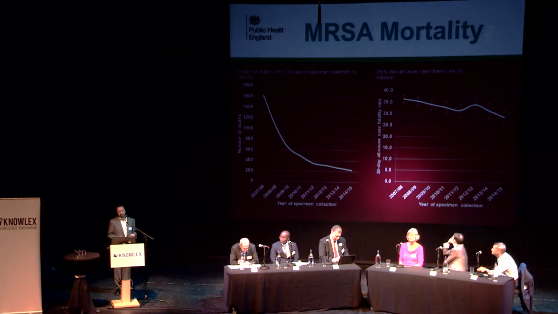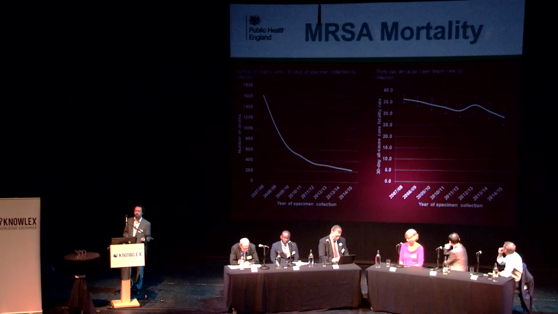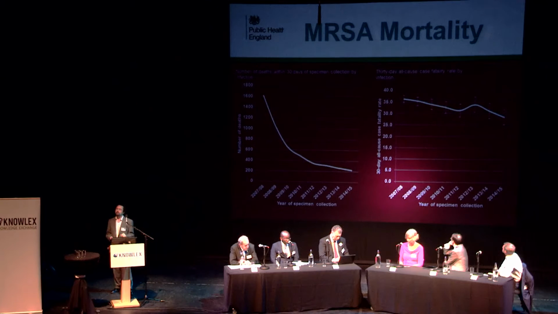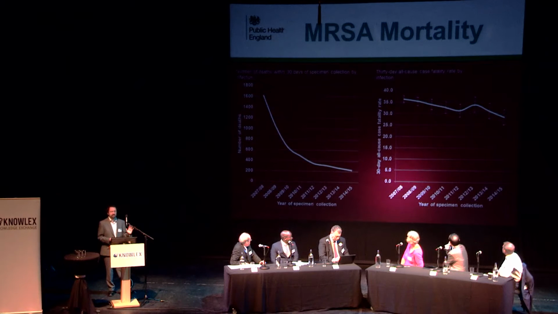In terms of mortality, this is 30-day all-cause mortality associated with MRSA bacteremia. You can see there's been a large reduction of the number of deaths following bacteremia infections. That's what you'd expect because we've seen a large reduction in the infections. The graph on the right-hand side is somewhat more interesting, which is the case fatality rate, which shows you the proportion of patients that die after 30 days.